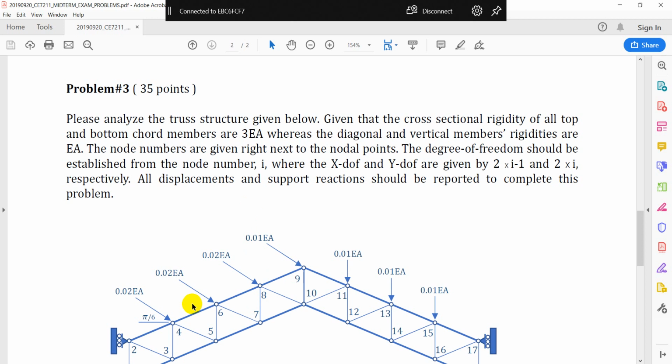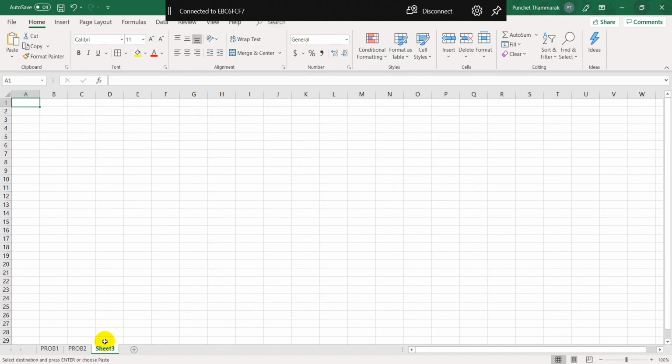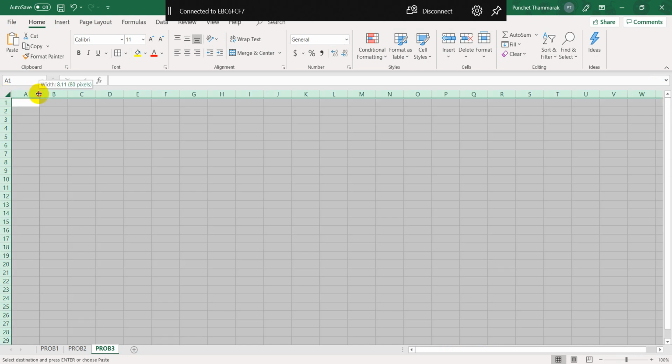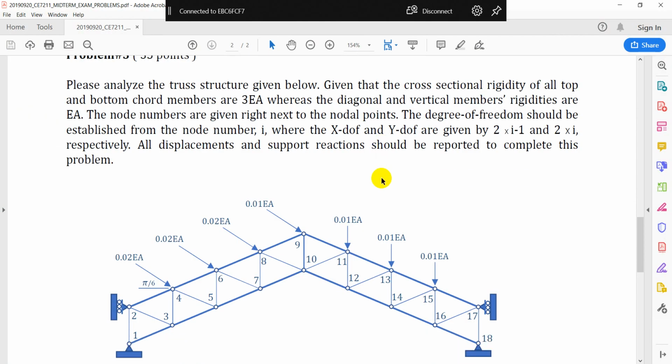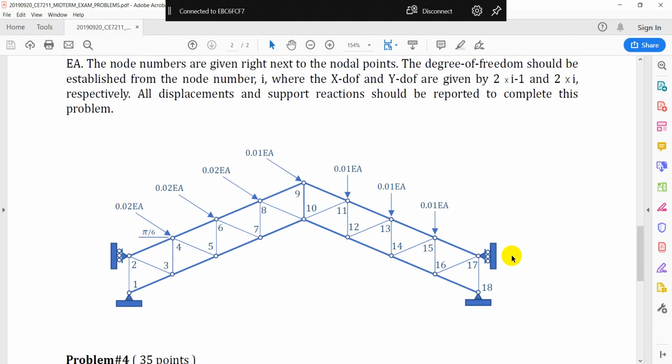Next, problem number 3. It's just a lot of geometry work, but actually, we can group them, basically.